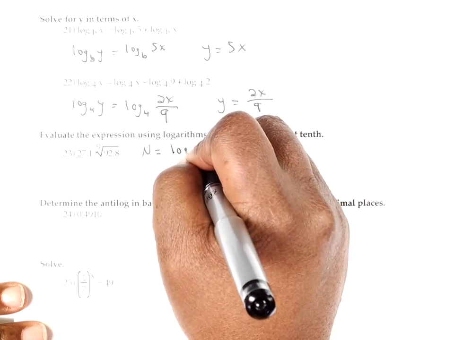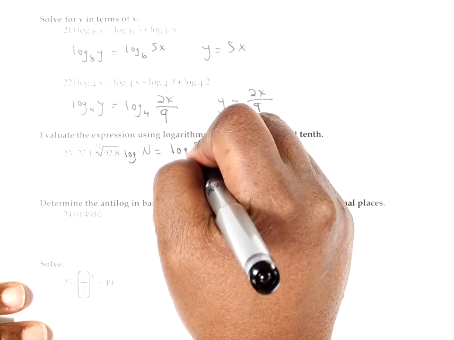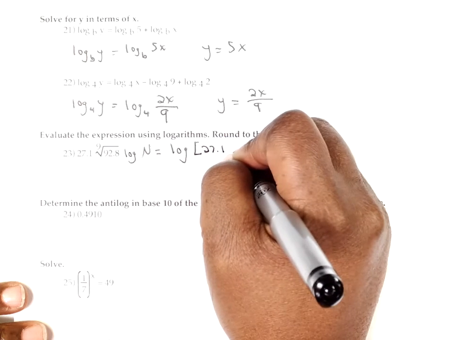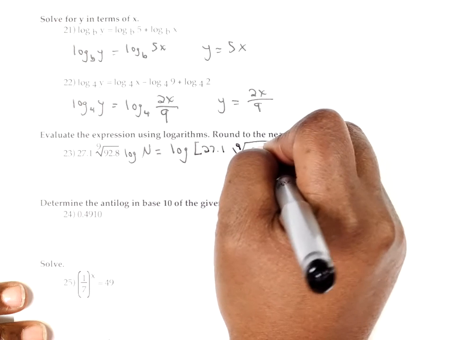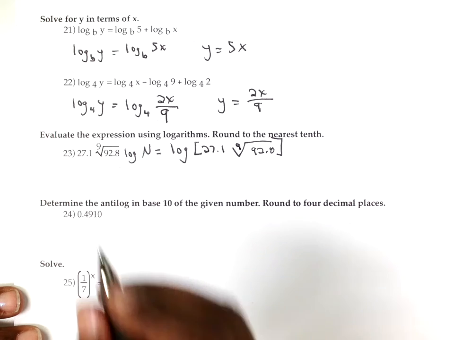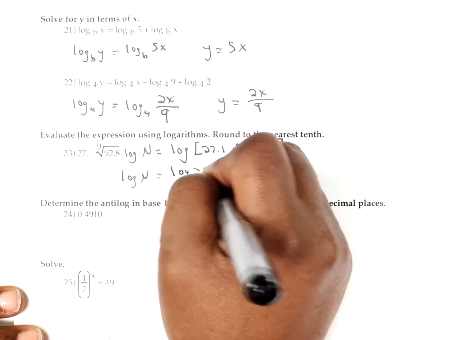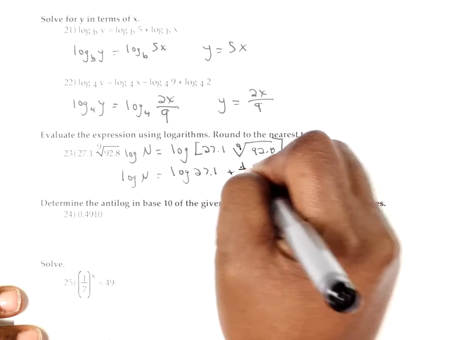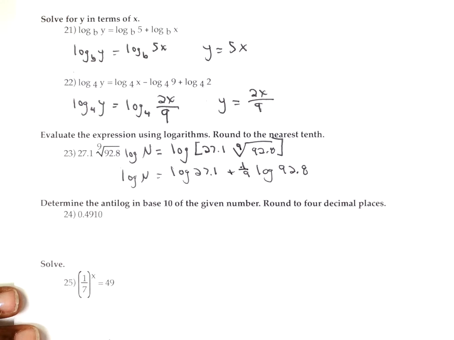So we have log, I make it equal to n first of all, and then I'm going to take the logs at both sides. So we have log of 27.1 times the 9th root of 92.8. And I can finish expanding that. So I have the log of 27.1 plus 1/9 times the log of 92.8.